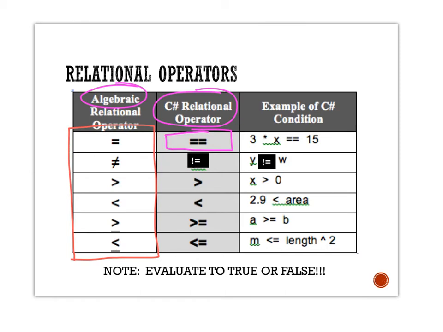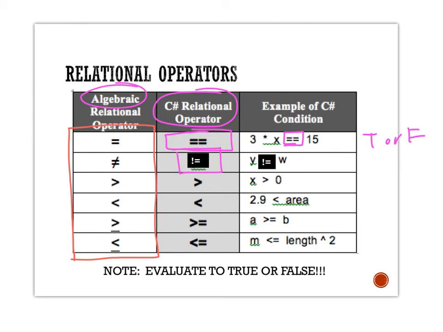So you can see an example here on the first line. What this statement is saying is, 3 times x, whatever x is, is 3 times x equal to 15? It's asking that question, and then you would either answer true or false. So double equals is checking for, are both sides of this statement true? Then for the not equal sign, we don't really have an equal sign with a slash through it on our keyboard, so we do not equals by using this exclamation point here.